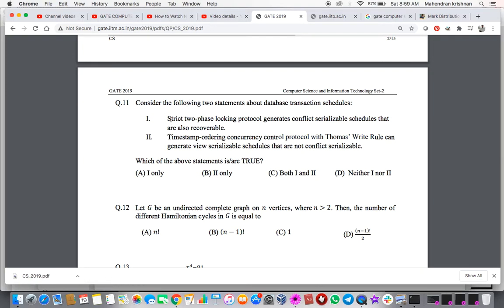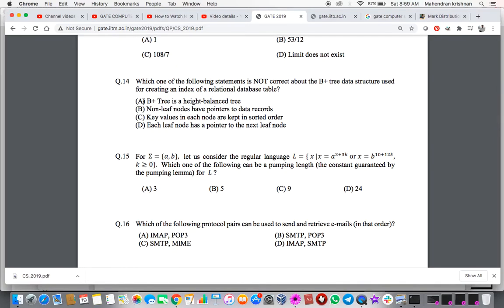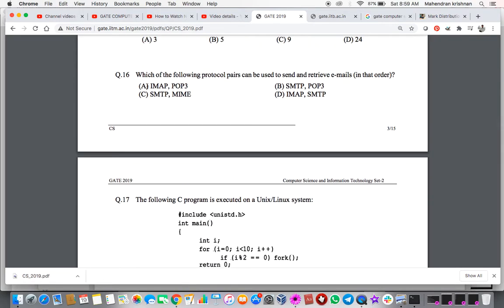Two statements on database schedules: strict two-phase locking protocol generates conflict serializable schedules. The concept is there, but whether we remember the concept or not. In that point of view, this is a memory based question. Remembrance. This is also memory power. There is no application here.